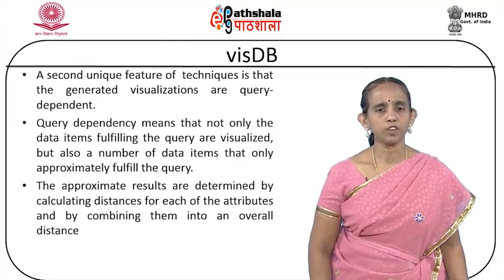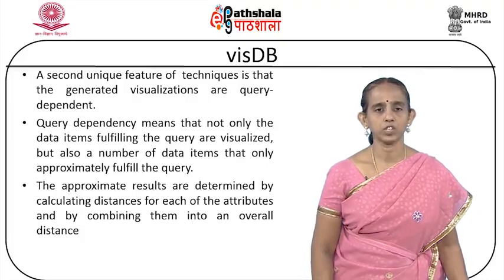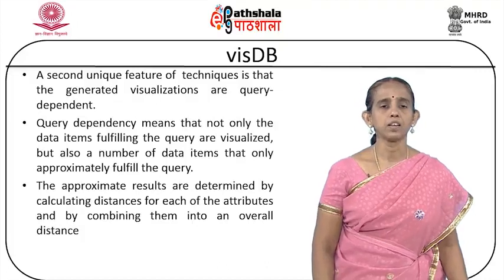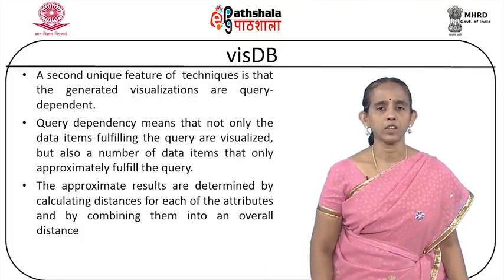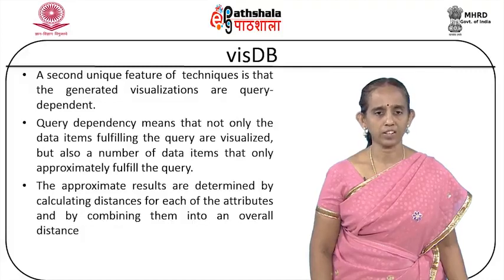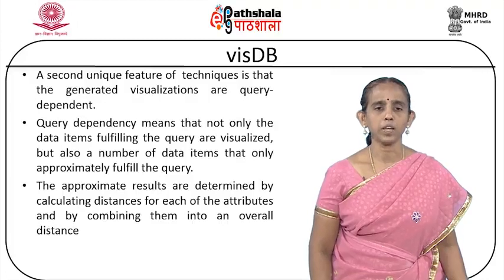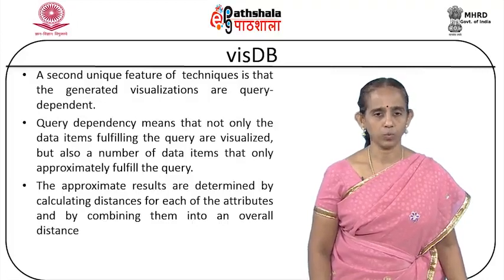A second unique feature of the technique is that the generated visualizations are query dependent. Query dependency means that not only the data items fulfilling the query are visualized, but also a number of data items that only approximately fulfill the query.